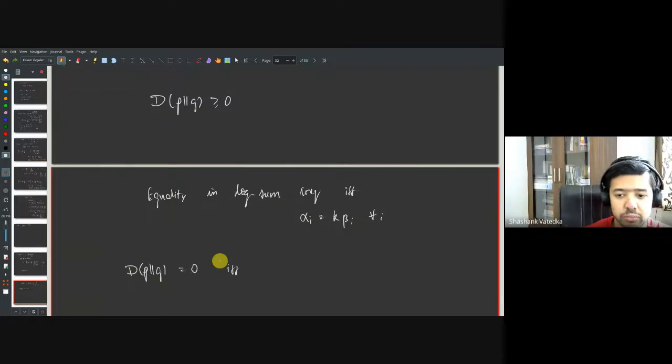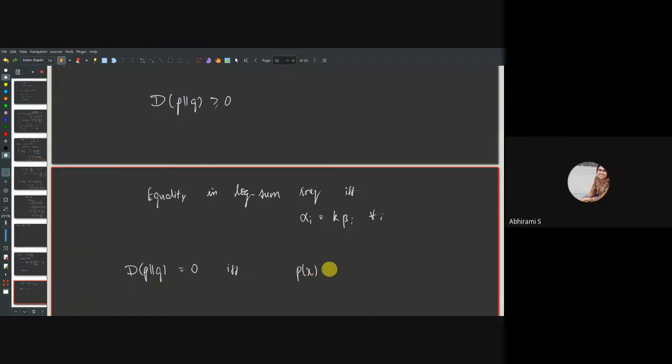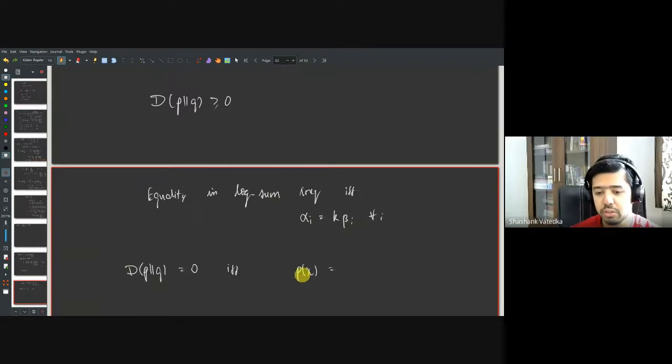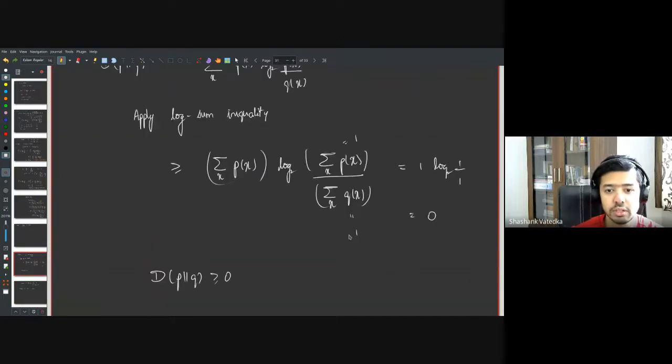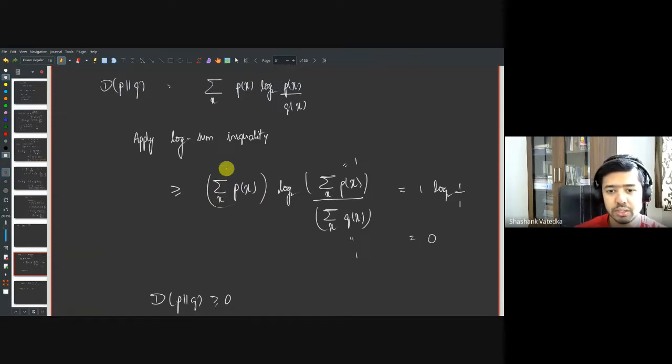And why can it not be some constant times the other, some non-unit constant? Firstly, to apply the log sum inequality, the right hand side is always equal to 0, correct?